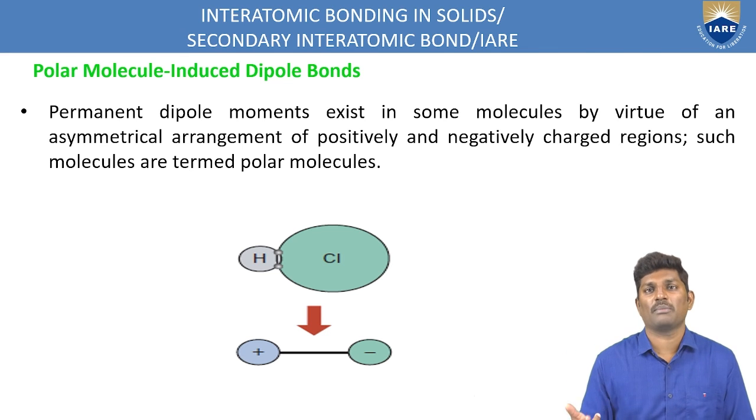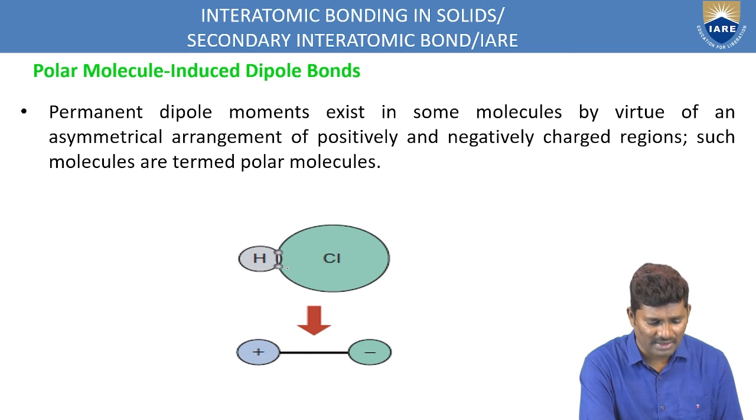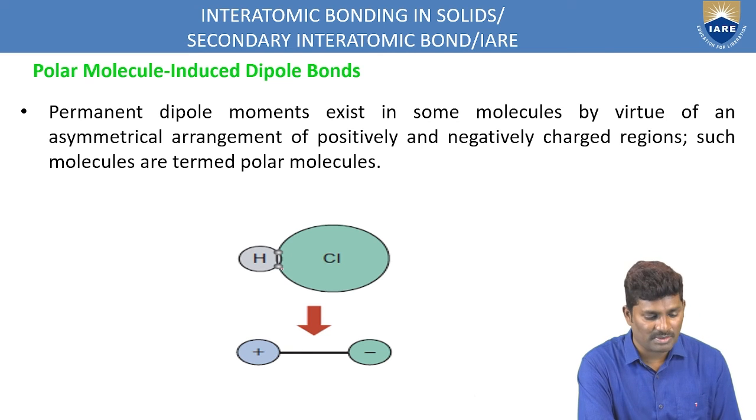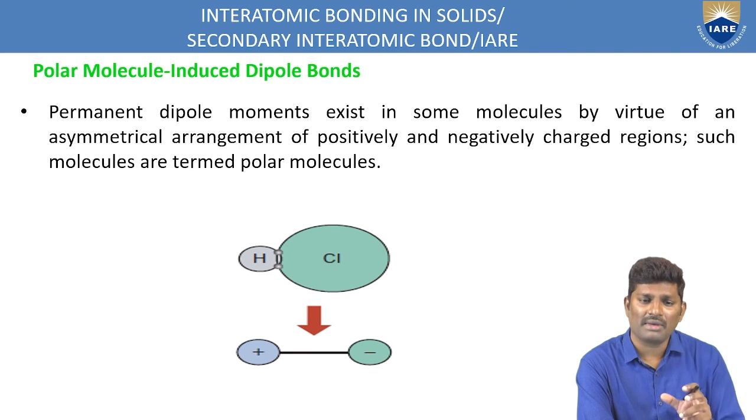This is a permanent dipole moment existing between two atoms or molecules by virtue of an unsymmetric arrangement. Though they are positively and negatively charged, because of the permanent dipolar nature, which means a permanent distance, there is no change again.